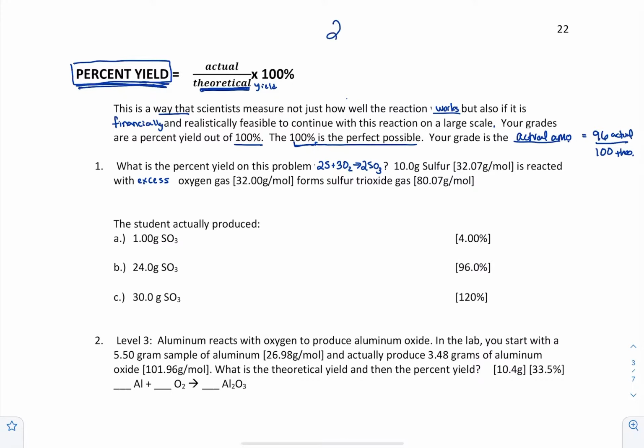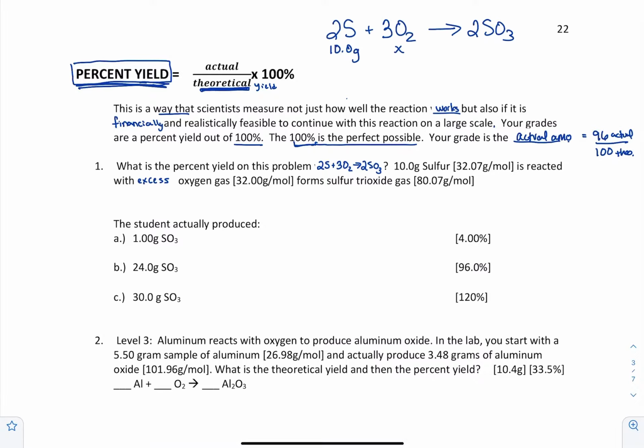So we have 2 sulfurs plus 3 oxygens go to 2 SO3s. And now we're told that we have 10.0 grams of this, and this is in excess, so this one won't matter.